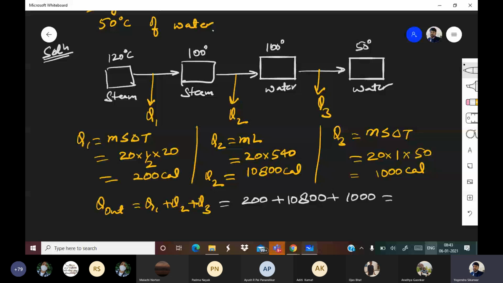So this is 12,000 calorie or 12 kilocalorie. Okay, so this much amount of heat is released. That's why people are giving it with a minus sign.